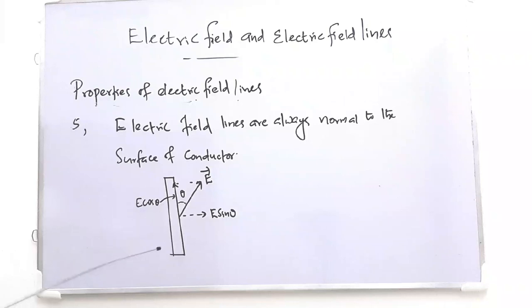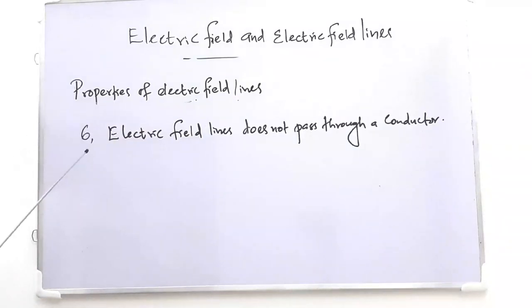So that means there is an electric field along the surface of the conductor. So the charged particle along the surface of the conductor will experience force, and there will be a current flow without applying any voltage or potential difference. That is not possible. So that means electric field cannot be like this. It will always be normal to the surface.